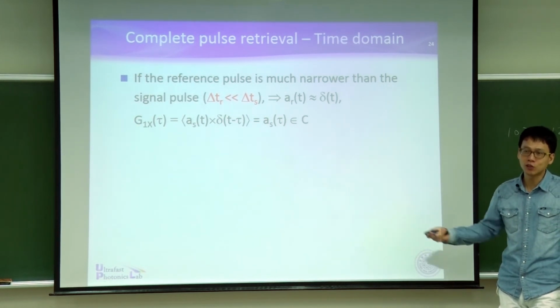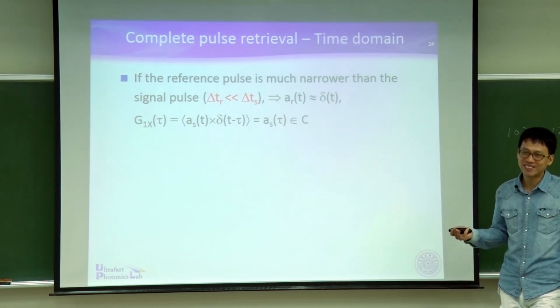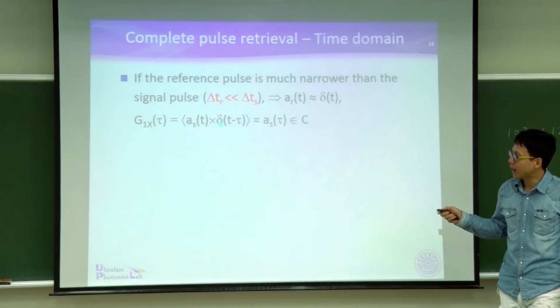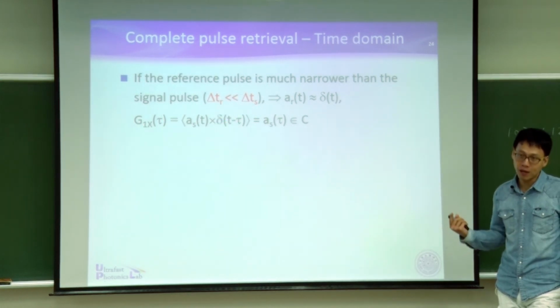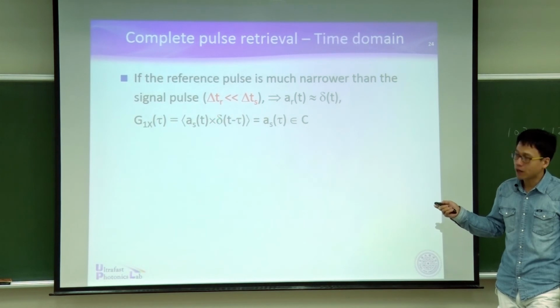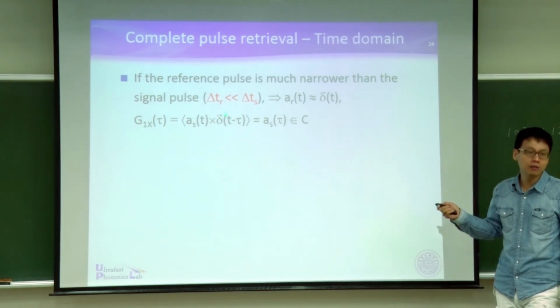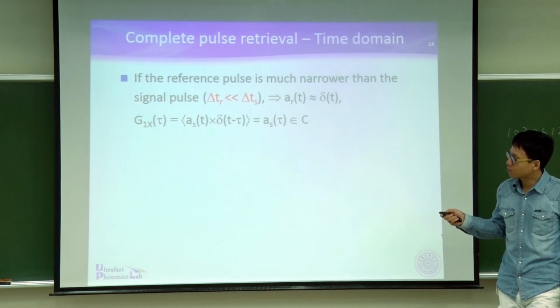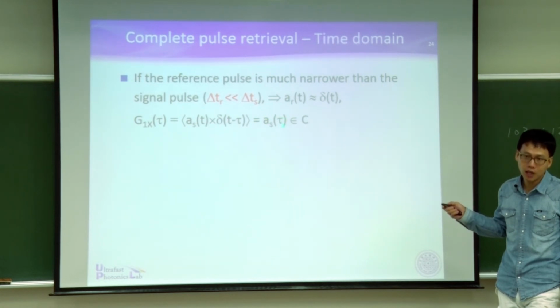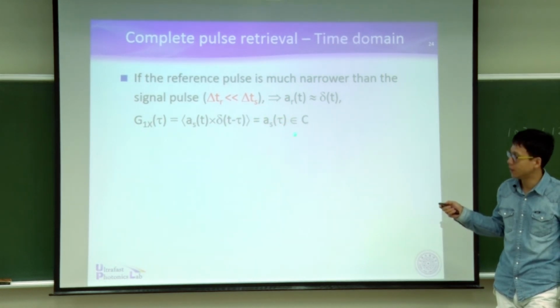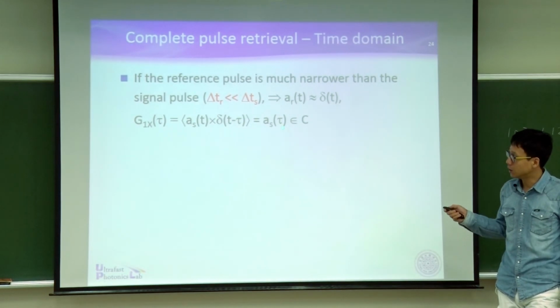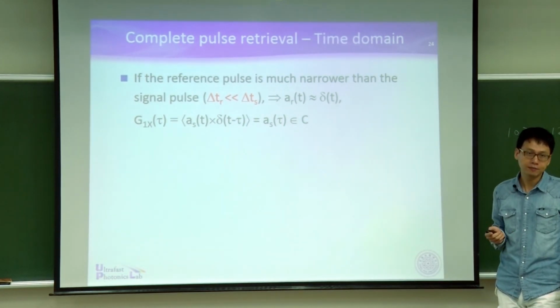What is the integral? The sampling, right? The sampling at the place of the spike. Delta of t minus tau means the spike is located at t equals tau, right? So this product and the time average actually means the sampling of the signal pulse at time instant tau, AS of tau. And this is a complex function again.